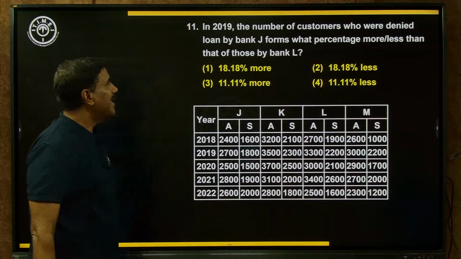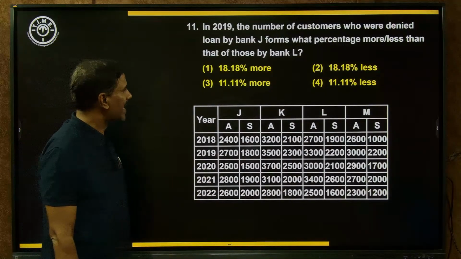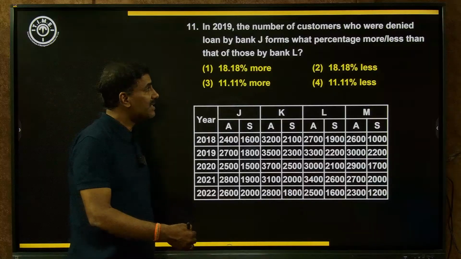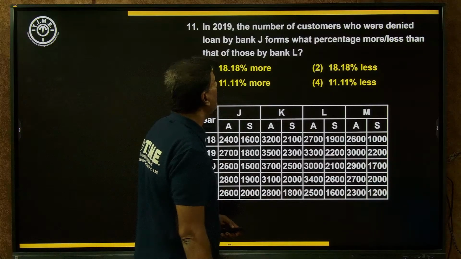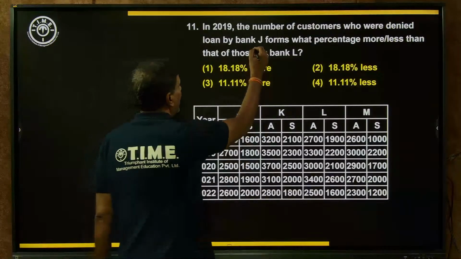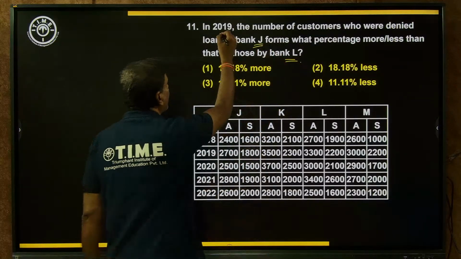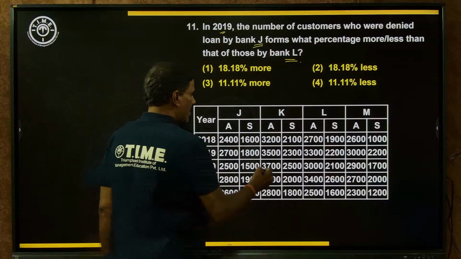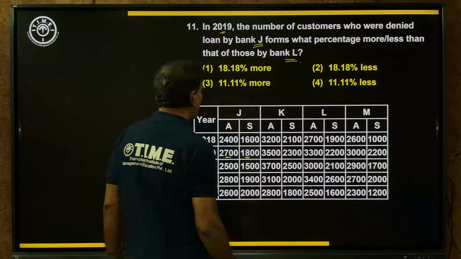In 2019, the number of customers who were denied loan by bank J forms what percentage more or less than that of those by bank L? So denials for J, denials for L. In which year? 19. Bank J, 2700 applied, 1800 got loan.